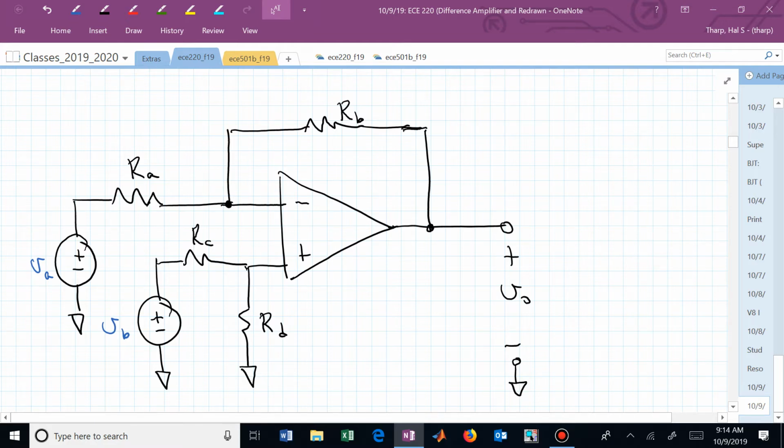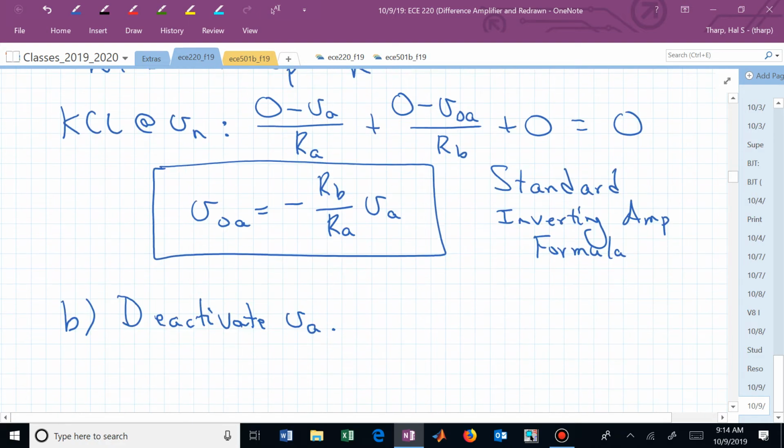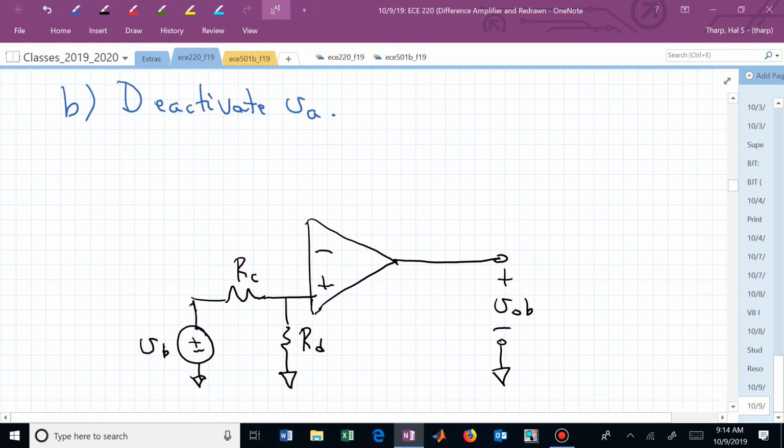What do we do now? Do you see what we need to do? We just short out V sub A and leave everything else alone, right? Or now we can keep R sub A and R sub B, but now the left side of R sub A is going to be grounded.